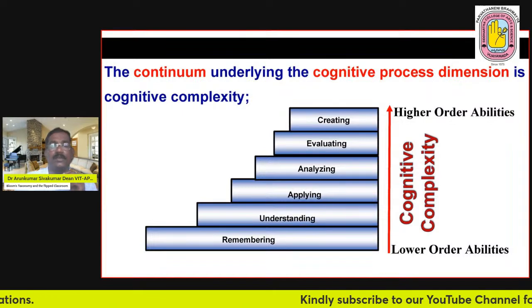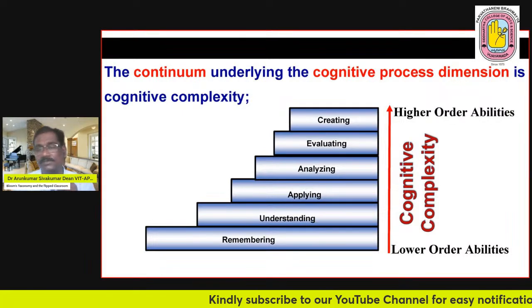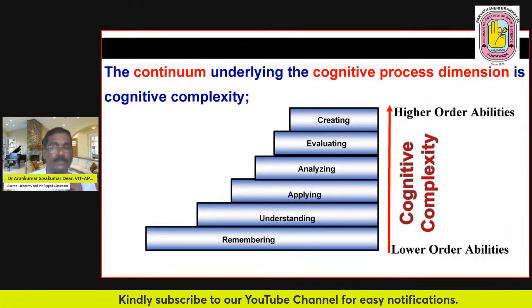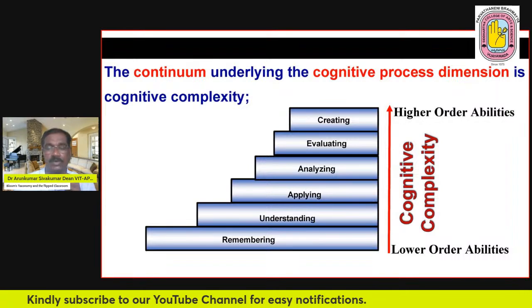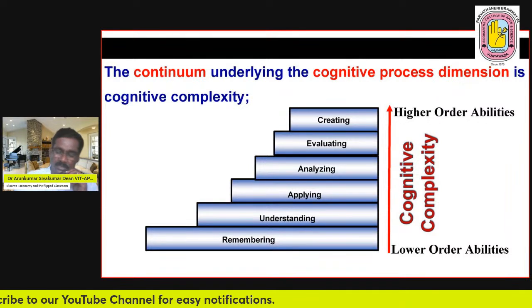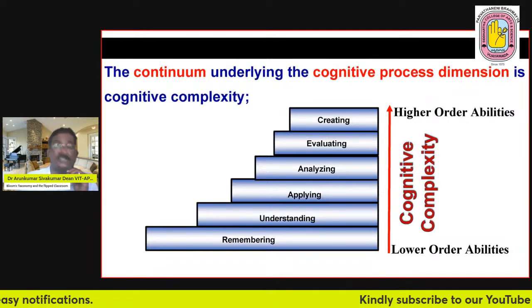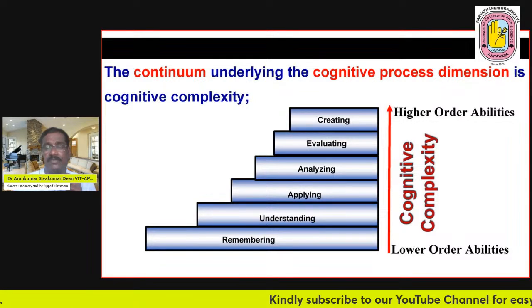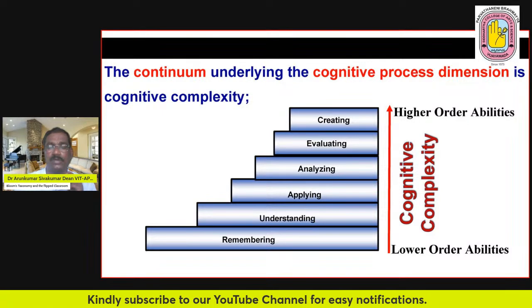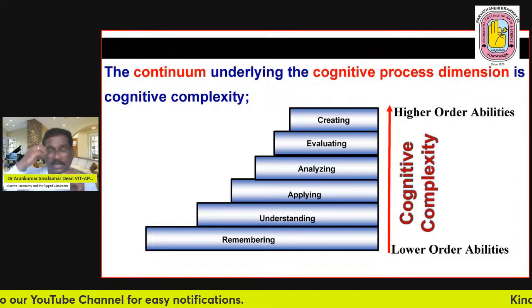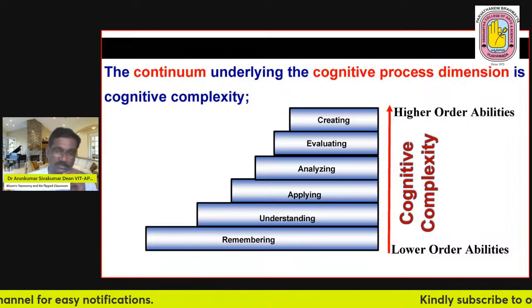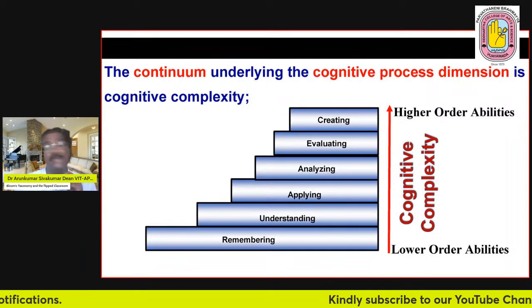Let's talk about cognitive complexity, higher order abilities and lower order abilities. Most institutions, exceptions are always there, focus on lower order abilities. At most they go to remembering and understanding, and it is a monotonous lecture. That's why they reproduce knowledge, but they don't create knowledge.